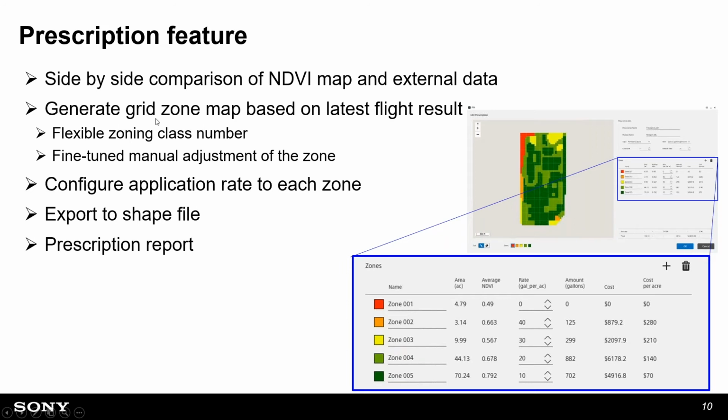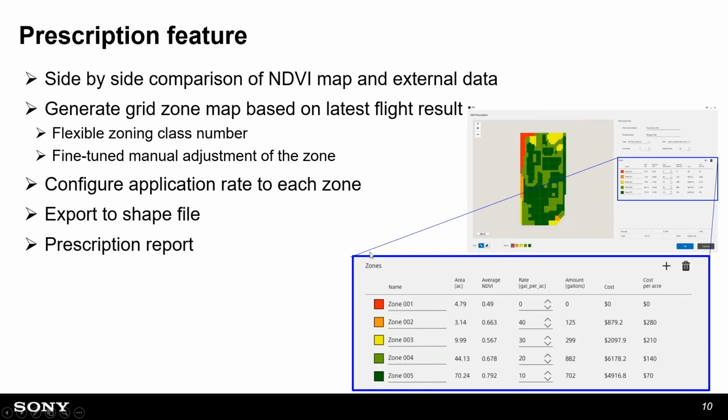And you can generate the grid zone map based on the latest flight result, which I'm going to show you. And after you make the zone, you can configure the application rate. So in this case, 5 zones defined, and you can configure the application rate, something like this.